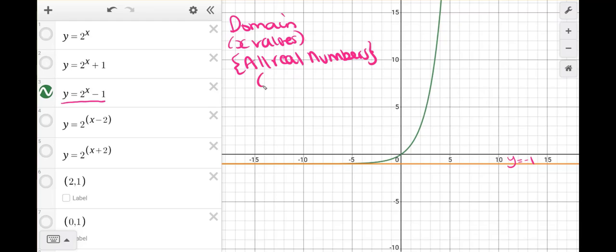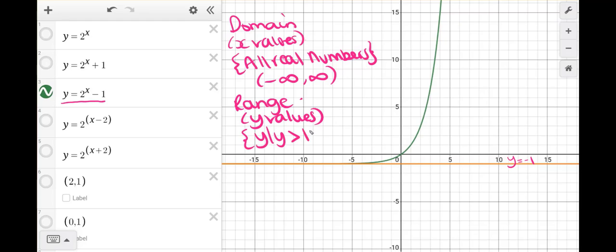I'm also going to write it like this, negative infinity to positive infinity. The round brackets mean that it doesn't actually equal, because it doesn't actually reach that. But the range, this time, is all numbers greater than minus 1. So the y values: this is going to be the set of numbers where y is greater than minus 1.